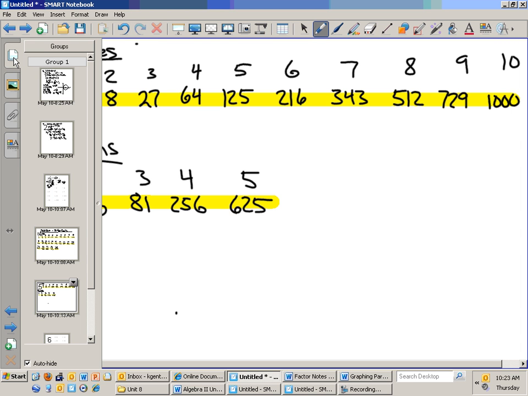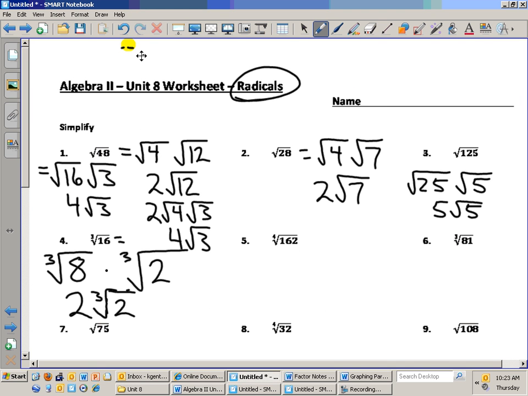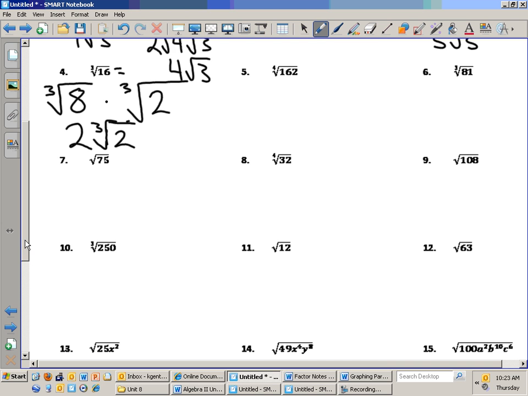So what I could do is I go to my problem. I rewrite this. Instead of the fourth root of 162, I rewrite it as the fourth root of something times the fourth root of something. And underneath there, I could put the fourth root of 81 times the fourth root of 2, because 81 times 2 is 162.